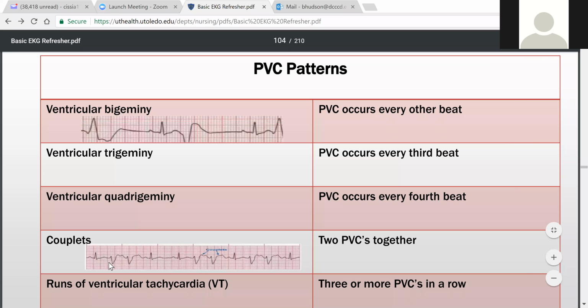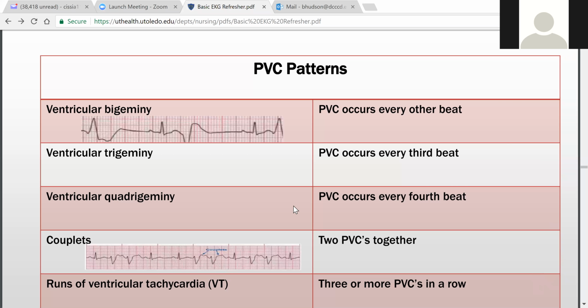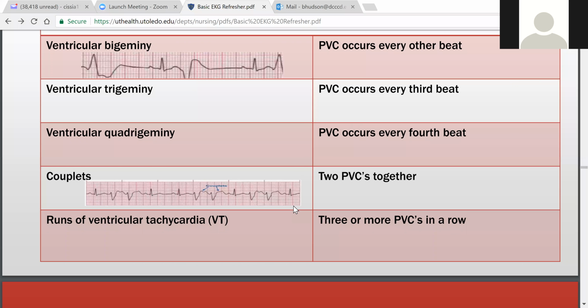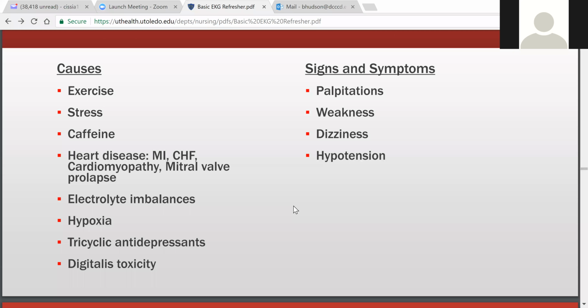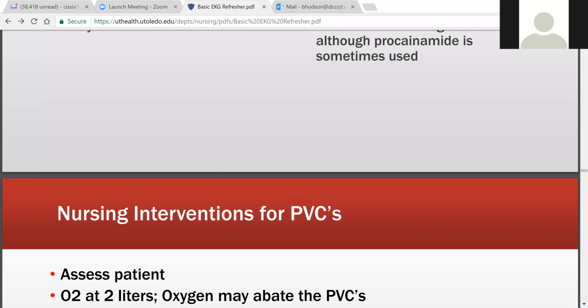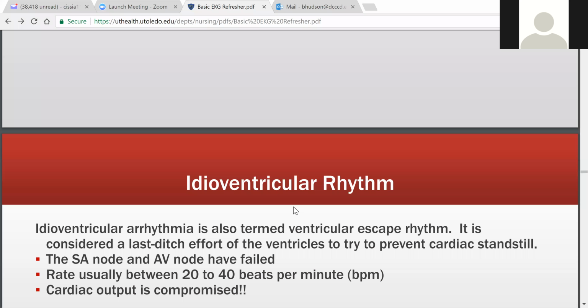These are two PVCs together. These are couplets. But when you get three or more of these PVCs in a row, that's considered a run of VTach, and they run the risk of developing ventricular tachycardia very quickly. I'm going to skip over that. I'm not going to talk about any of these.